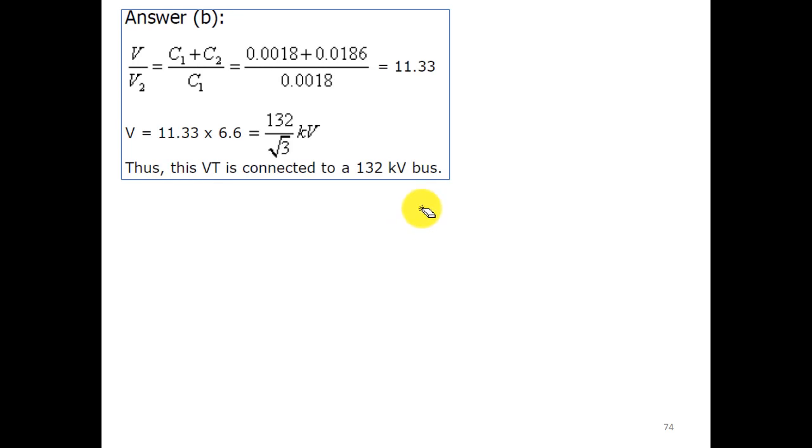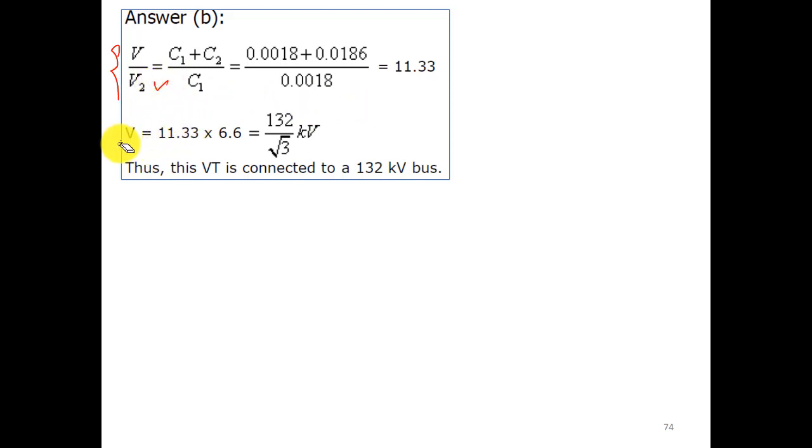The answer to question B, that is finding the voltage, is just by writing this equation. We have already seen this equation in the previous example. We derived this, V by V2 is equal to C1 plus C2 by C1. Just by substituting this, we'll find V by V2, and V2 we know is 6.6 kV.